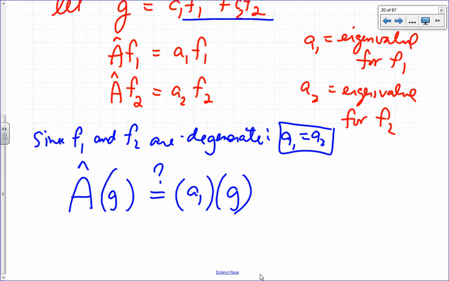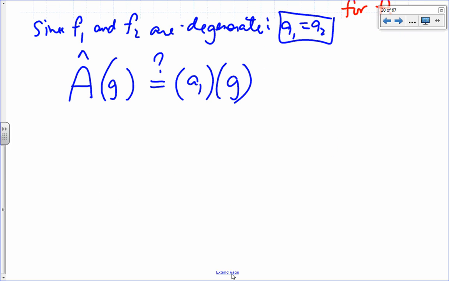So let's see if we can prove that. What's A hat operating on g? What's our definition? What would you say g was? Constant times f1 plus another constant times f2, right? All right, so what is that? A is a linear operator. What can I do with A?